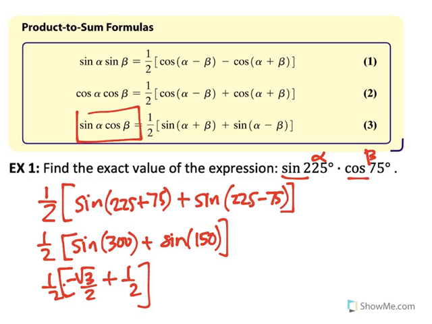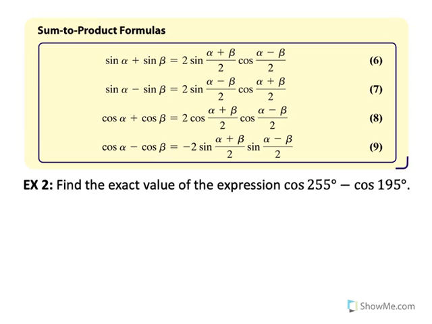And then if you distribute that 1/2 through, I'm actually going to combine that to be one fraction. So you get negative root 3 plus 1 in the numerator, and that is all over 4. You might have this written as 1 minus root 3 over 4. Those are both the same expression.